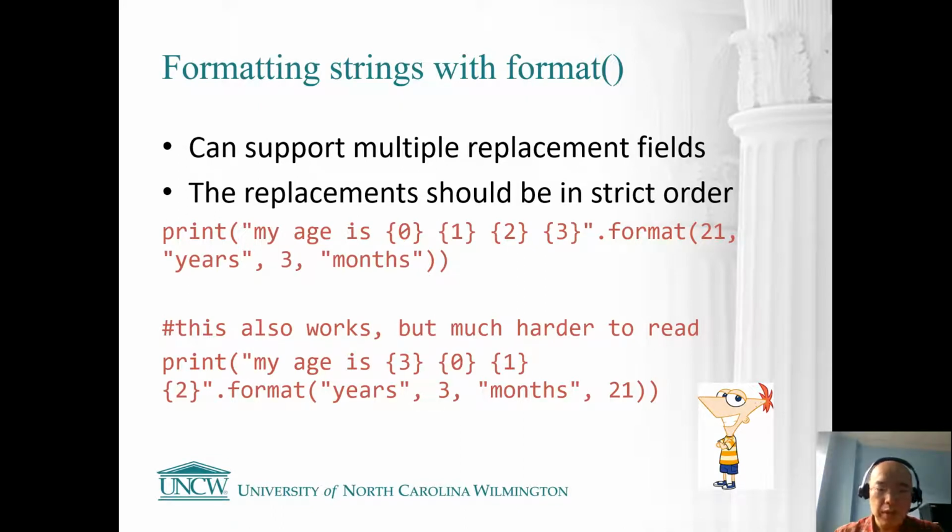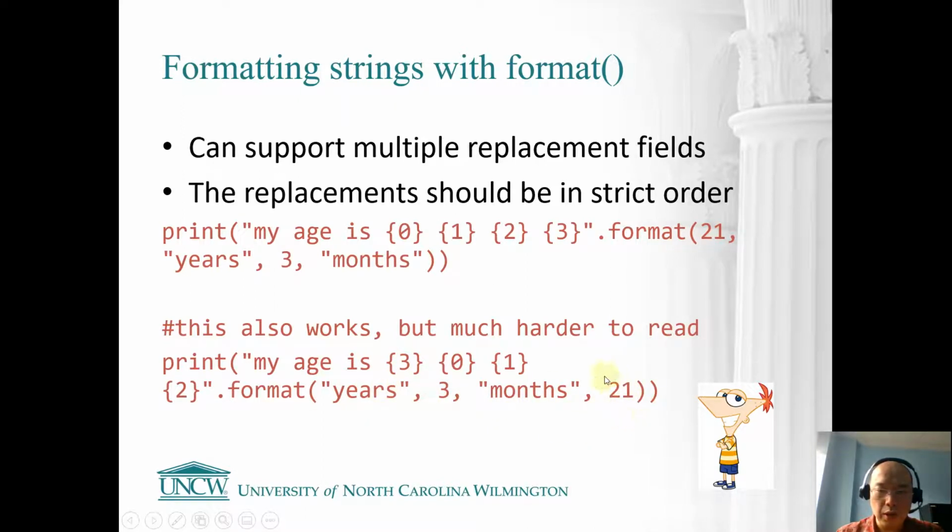But for this version with the dot format, one of the tricks, and probably a really confusing trick, is we don't have to number the placeholders from 0 to 3. You can actually number the placeholders any way you want to. So for example, if you have the first placeholder as the number 3, and then number 3 should be 0, 1, 2, 3, right?